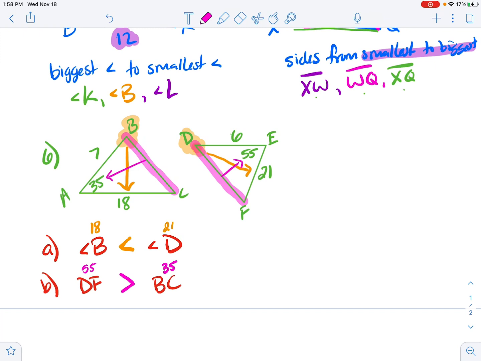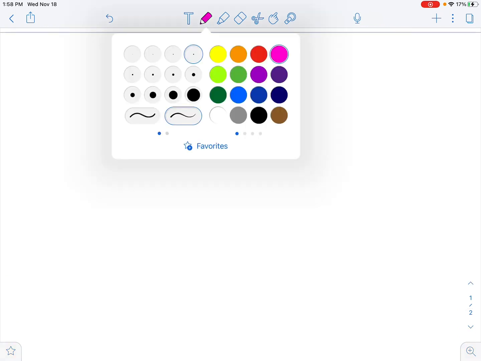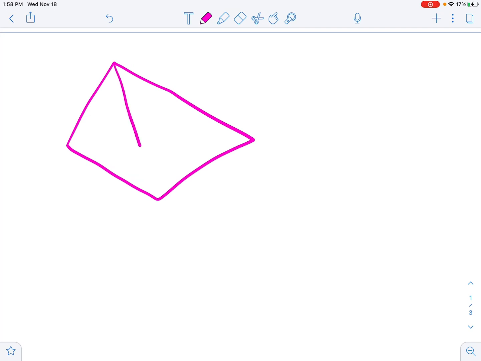Okay? Now those only get tricky when you have triangles where you have to actually solve for missing side lengths. So if I have this crazy figure, and I give you that this is 95, 35, 40, 50. Okay, it doesn't give us all the information.